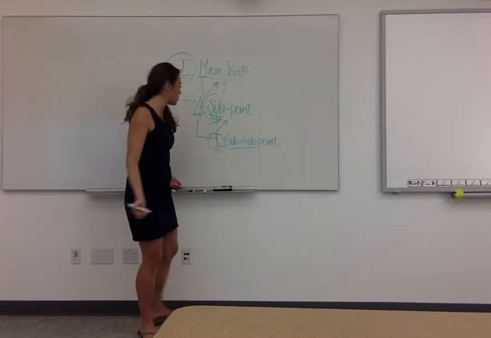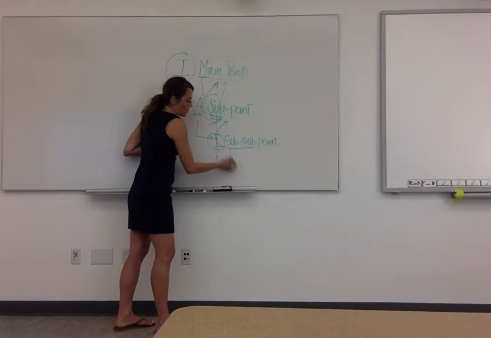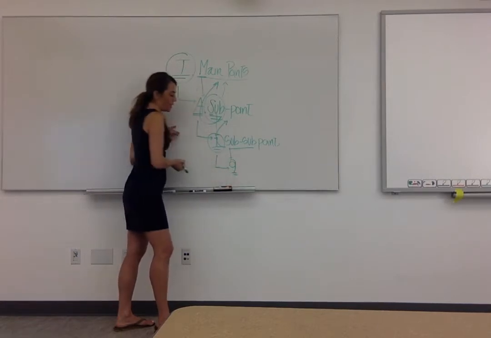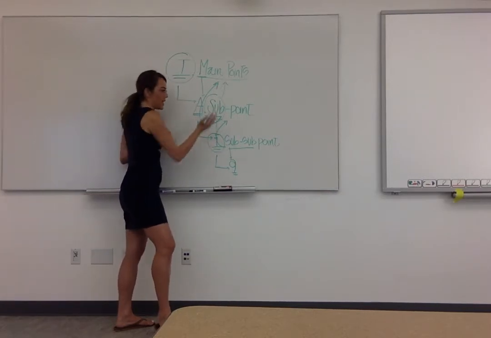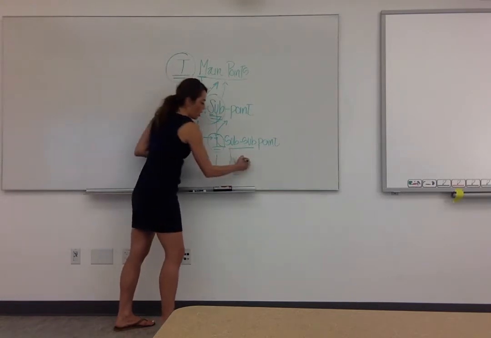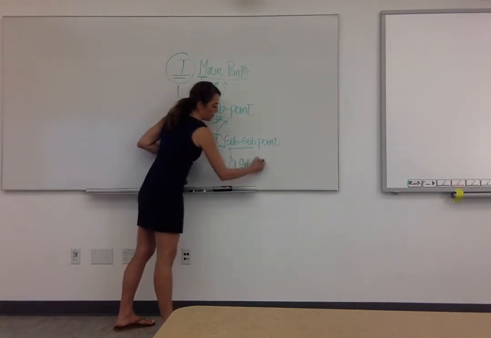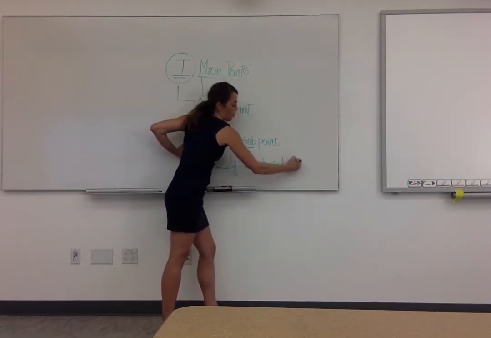It needs support. So it's support, if you will. So we'll indent one more time, right underneath that last letter. And now we are going back to letters. But we can't use capitals because capitals have already been used. Capitals indicate the subpoint. Small letters are the subpoints.